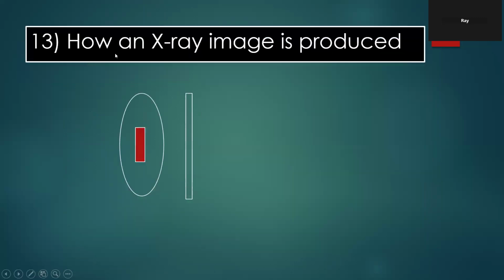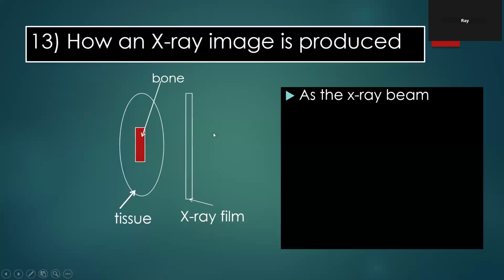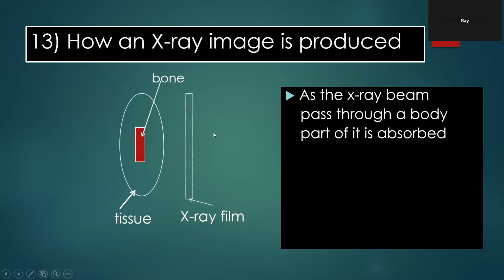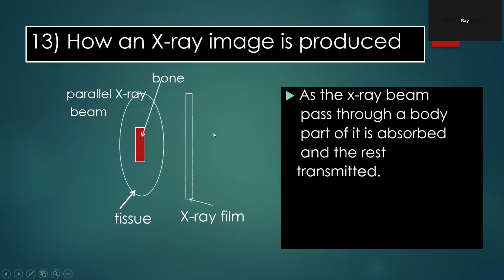Okay, how an X-ray image is produced. This is your tissue, let's say, and there's your bone, different color, and there's your X-ray film, photographic plate. As the X-ray beam passes through the body, part of it is absorbed, the rest is transmitted.